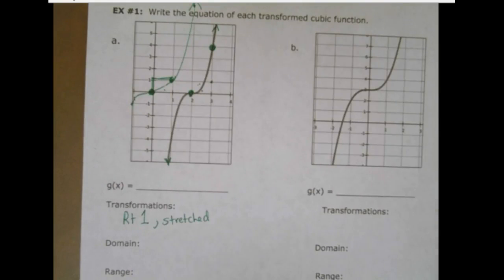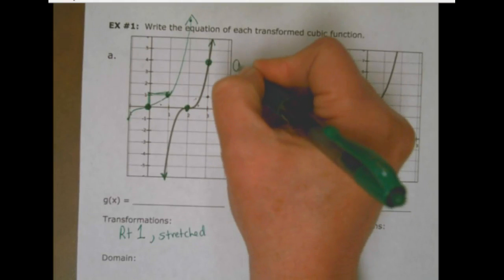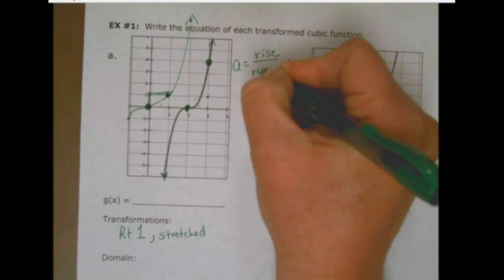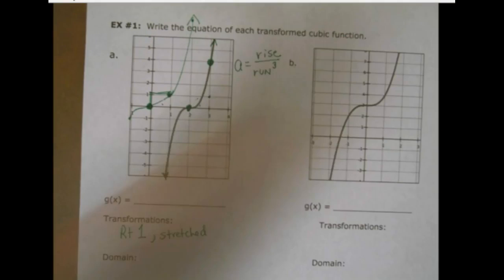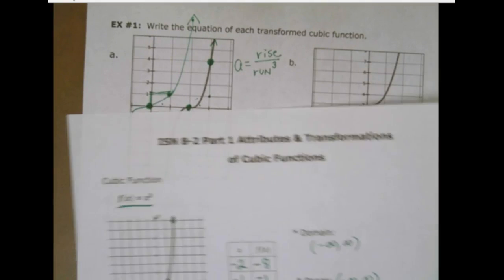To get A on that salmon colored paper, you did rise over the square root of the run because those were square root graphs. On these graphs, A is going to be equal to rise over run to the third power. Where did the third power come from?